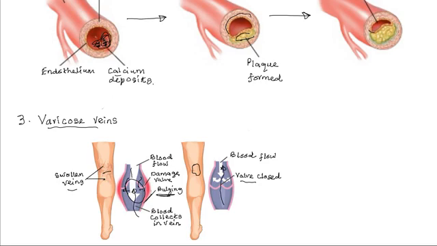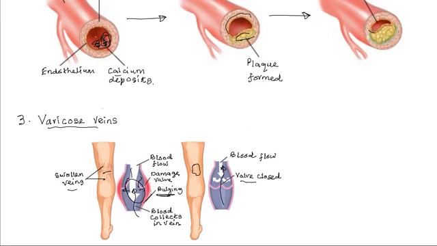So regular movement of the legs does help in the flowing back of blood through the veins, because remember, the skeletal muscles around the veins do assist in the movement of blood through the veins. So by exercising regularly, these muscles contract and help to push the blood.